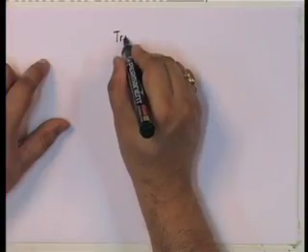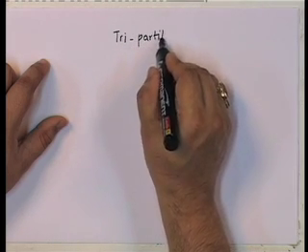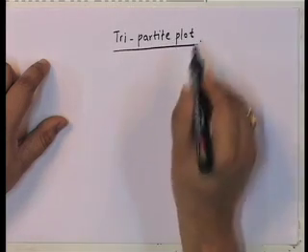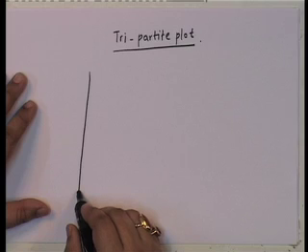Now, if I were to plot SA, SV and SD together, this is known as a tripartite plot. This is the way we typically plot it.